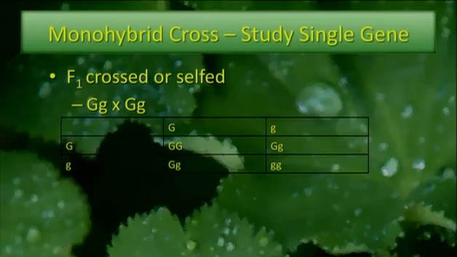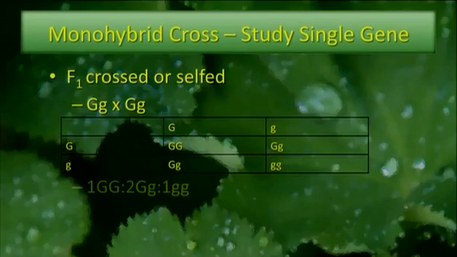So you'll have 1 big G, big G to 2 big G, little g to 1 little g, little g as the genotypic ratio. You'll have 3 green podded individuals for every 1 yellow podded individual. That would be the phenotypic ratio.